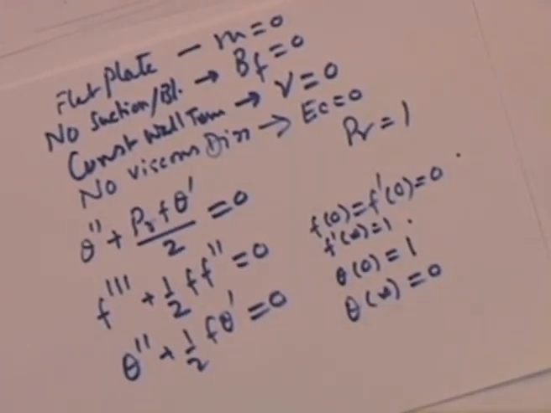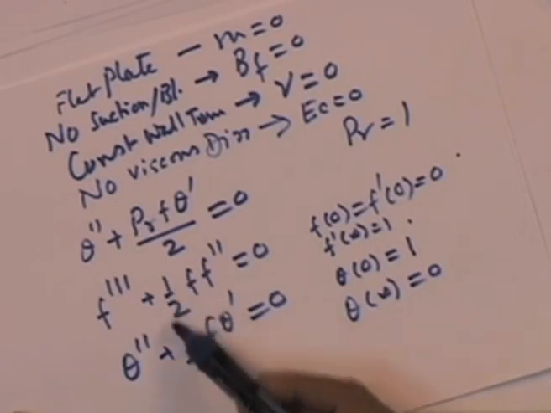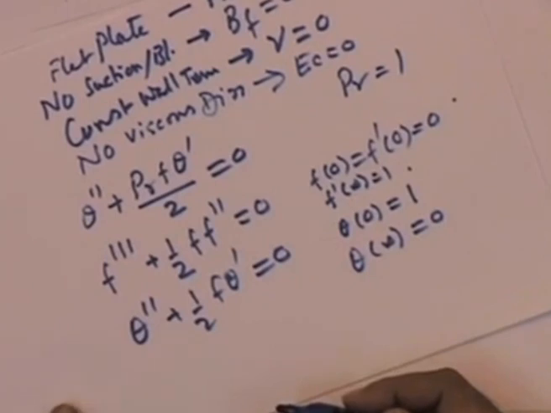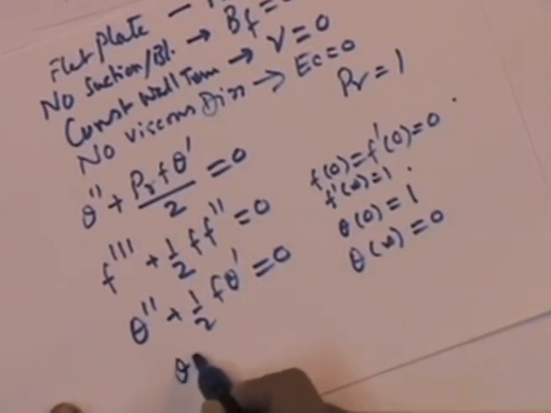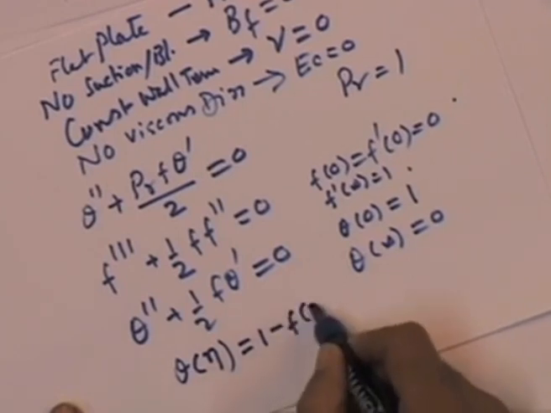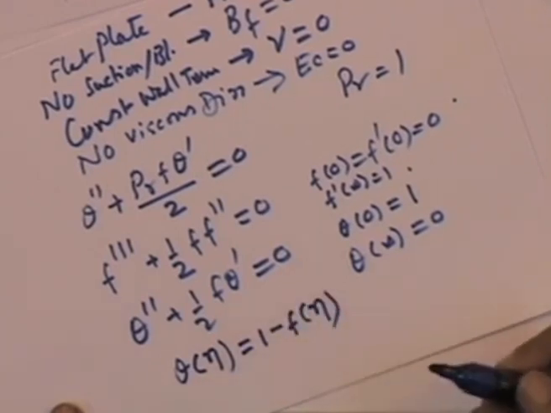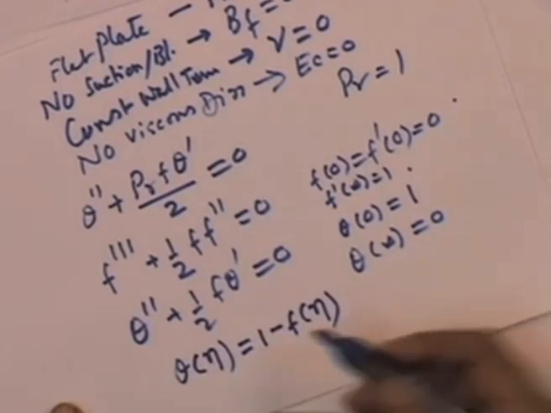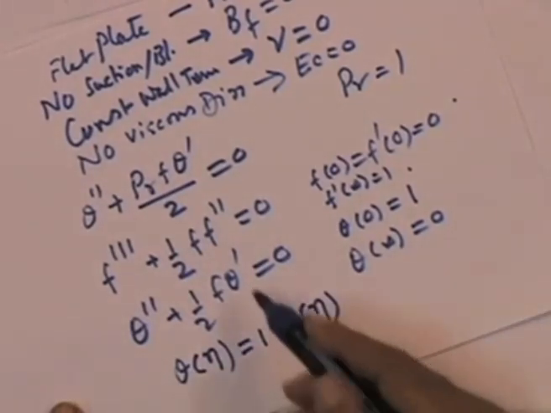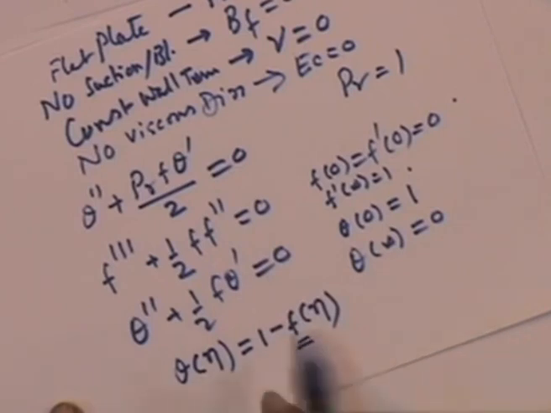You will see therefore that there is a remarkable similarity between these two equations, and if I were to say that theta(eta) equals 1 minus f'(eta), then I do not have to solve the temperature equation; simply the solution of the velocity boundary layer equation itself will show me that.